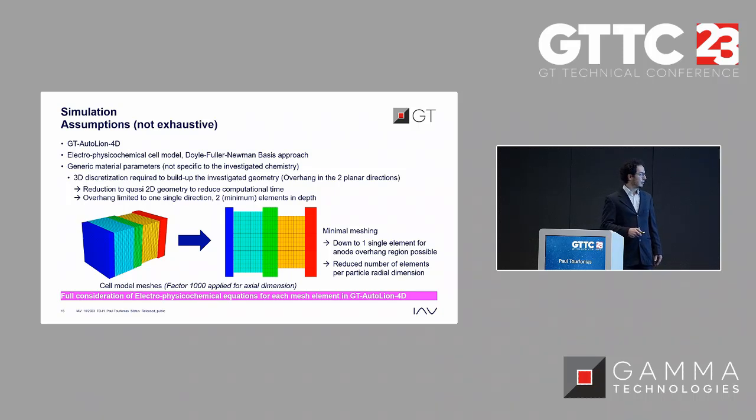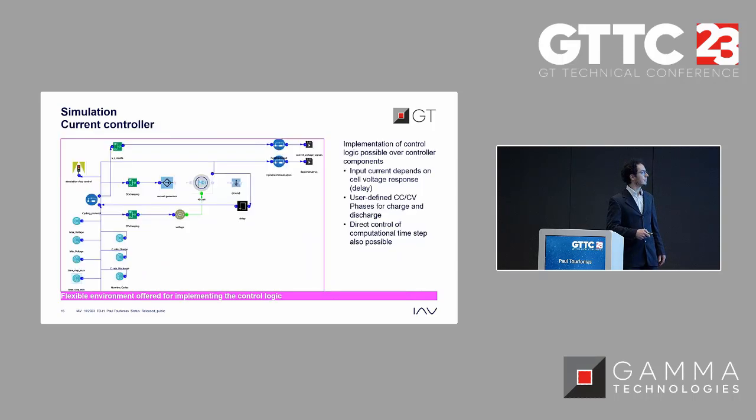So all the electrochemistry is included in the AutoLion-4D cells, which is quite important to say, because this for sure impacts the computational time. Each mesh element is discretized, and all the charge and mass balance equations are solved at each time step. Having this cell model, you also need some control logic in order to reproduce what we have done experimentally.